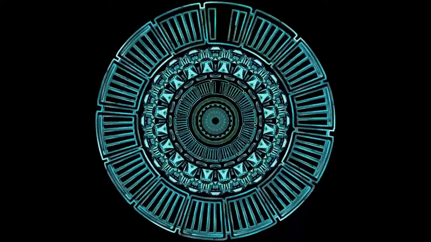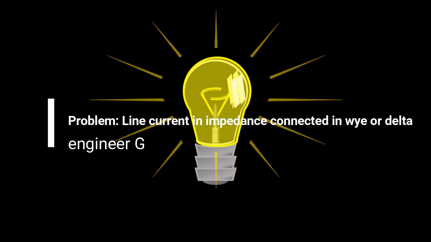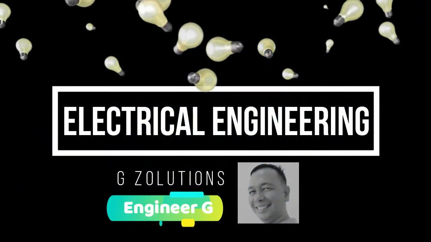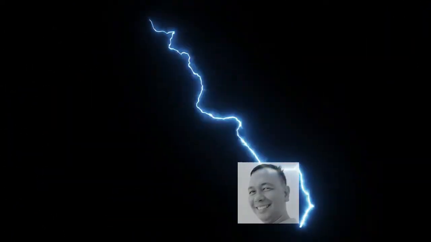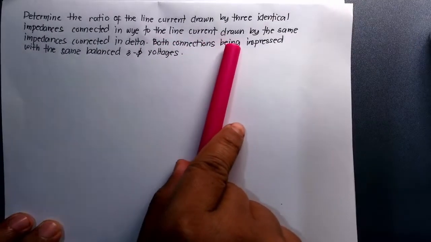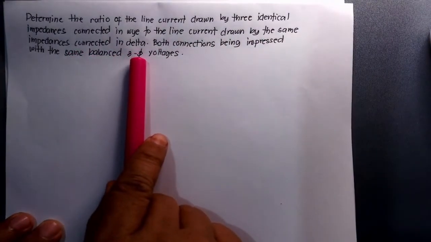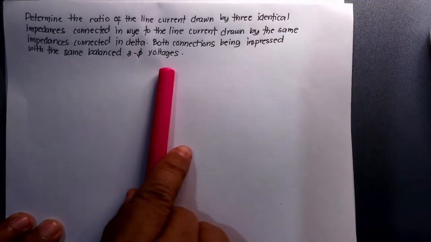And today we are to determine the ratio of the line current drawn by three identical impedances connected in Y, to the line current drawn by the same impedances connected in delta, both connections being impressed with the same balanced three-phase voltages.